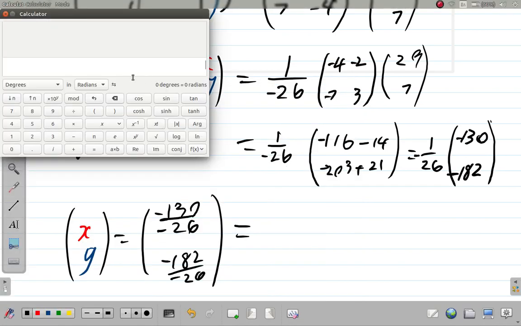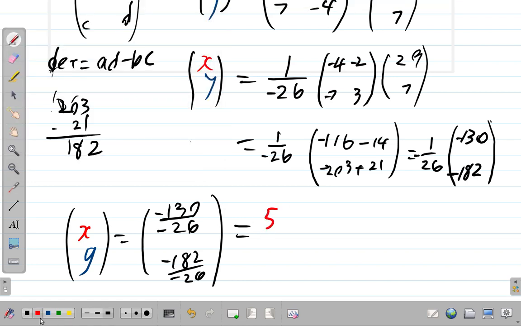Alright, so 130 over 26 equals 5. And then 182 divided by 26 equals 7. So we have 5 and 7. x equals 5, y equals 7, right?